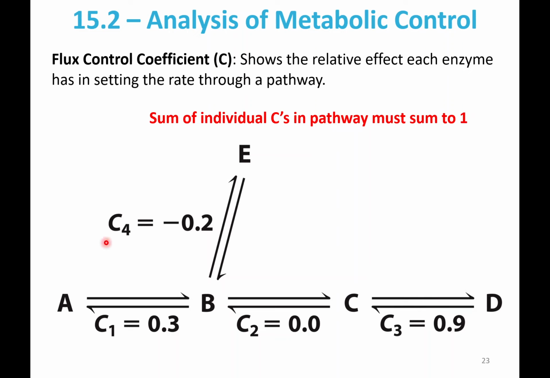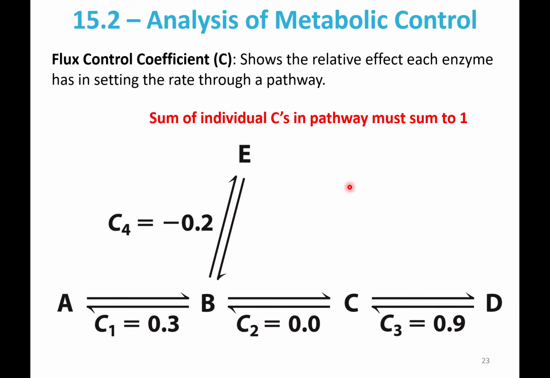So these coefficients are really dependent on what you're defining as your pathway, and however many reactions you include in your pathway, the flux control coefficients all have to sum up to 1. Okay, so they're sort of an arbitrary value in that sense.